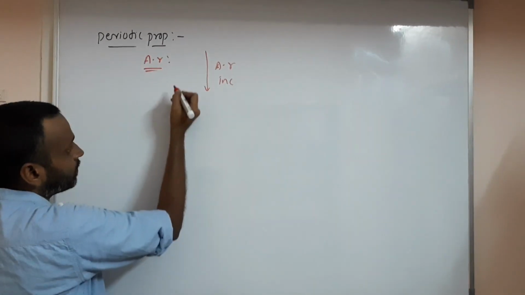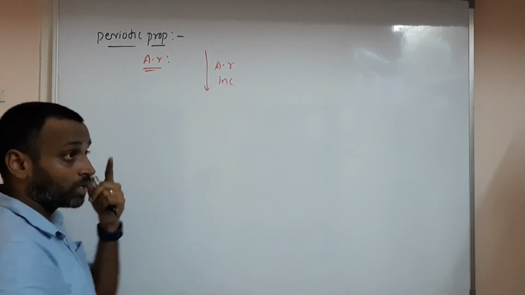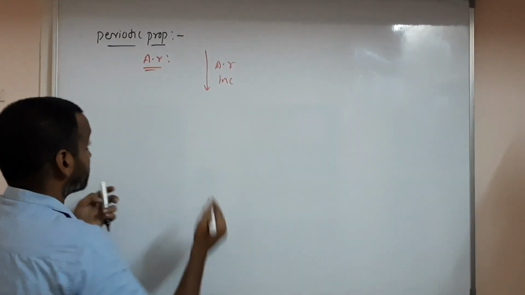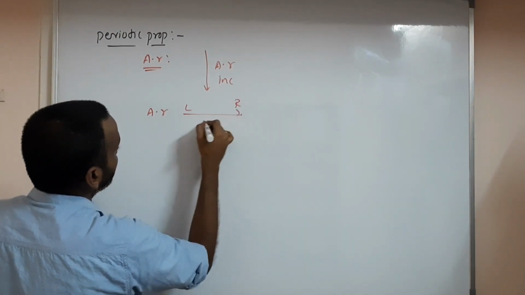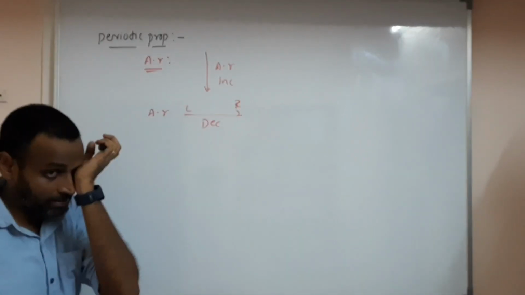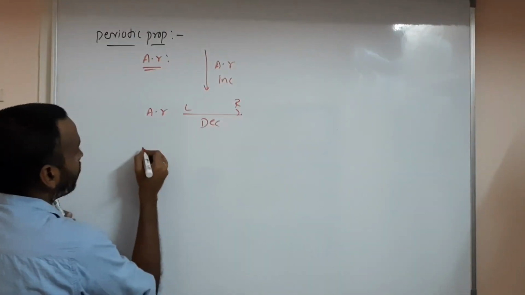Correct? Lithium 2s, sodium 3s, next 4s, 5s. So going down, atomic radius increases. From left to right, atomic radius decreases.